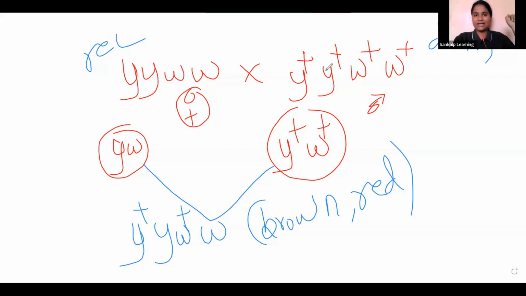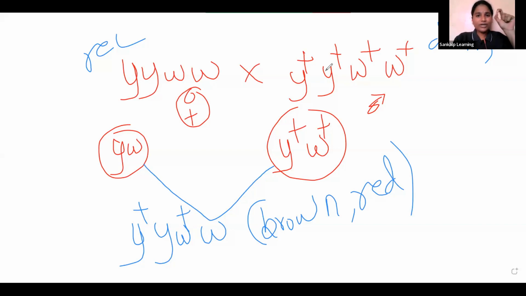Out of 100%, 98.7% were like the parents. The remaining 1.3% of the offspring which we obtained were different from the parents. That is, they might have yellow bodied red eyed, or brown bodied white eyed, like this, different from the parents.